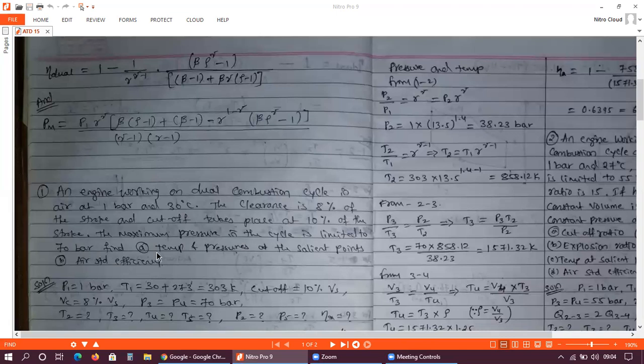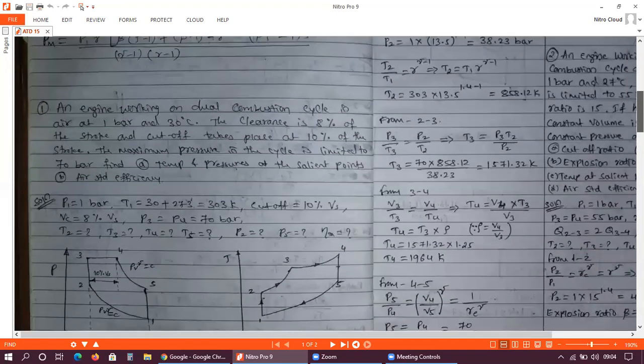Find A, the temperature and pressure at all the salient points, and the air standard efficiency of the dual combustion cycle. So these two parameters are to be calculated here.